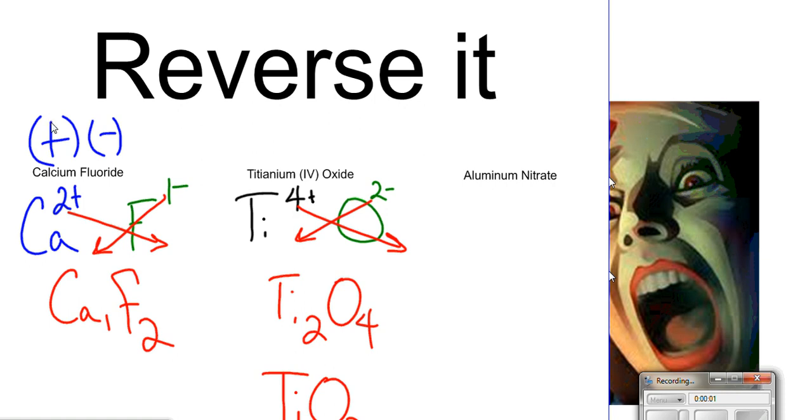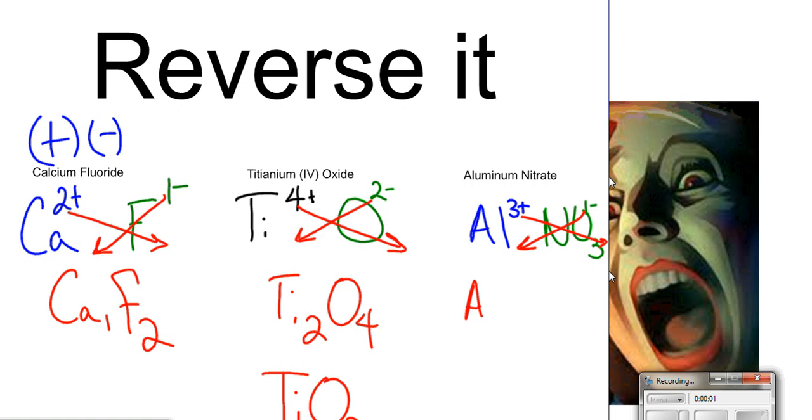Lastly, aluminum nitrate. Aluminum, we'll do these colors. Aluminum is always 3+. Nitrate, one of the ones you had to memorize, is NO3-1. Crisscross those numbers, you end up with 1 comes out here, 3 goes all the way out there.